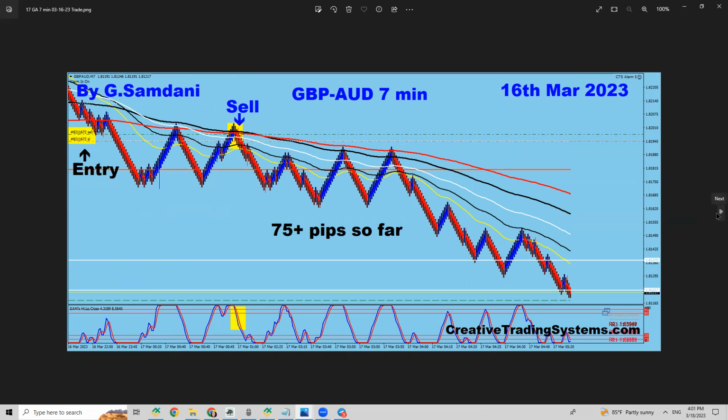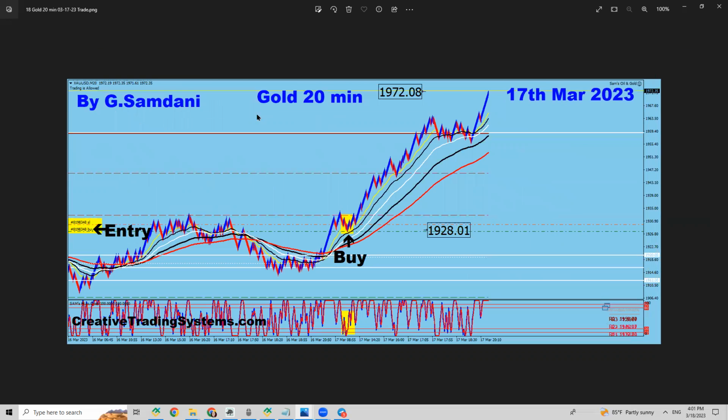So I took the 7 minute entries, and on the 17th, gold going up here from 1928 to 1972, big time flying, right? And I already made the gold video, and you can watch how I am tracking gold exactly right on the dot since October 2022.